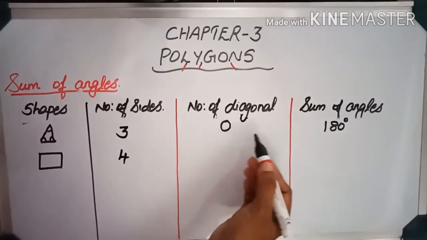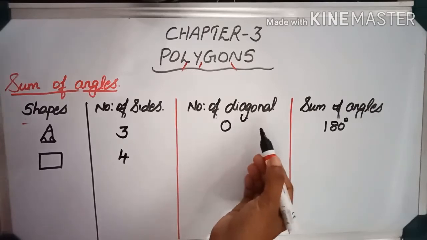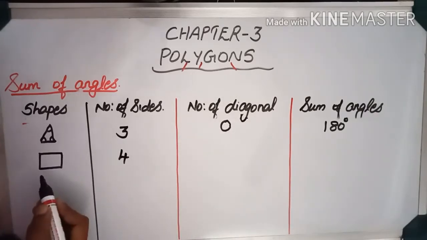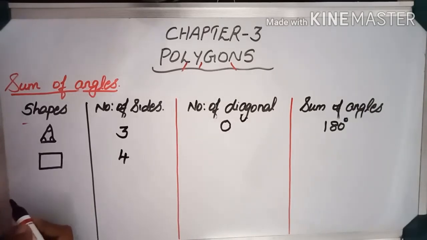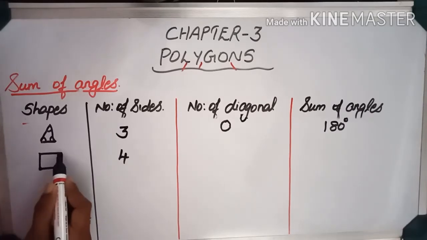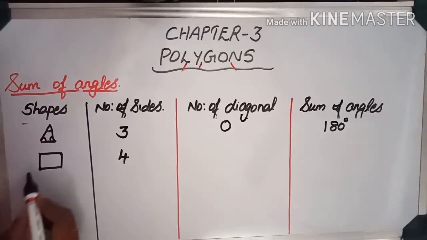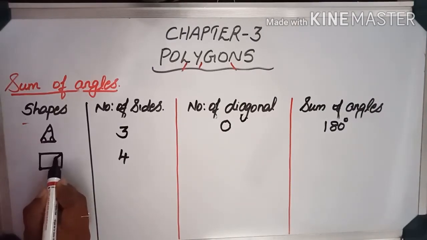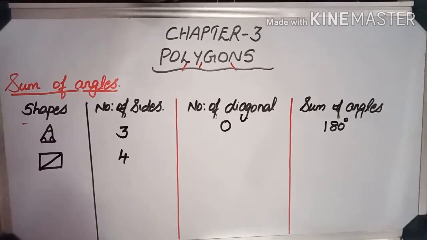Next is number of diagonals. Number of diagonals means we have to join opposite vertices. This is one vertex, its opposite vertex is this one. These two are opposite vertices. When we join, this is a diagonal.